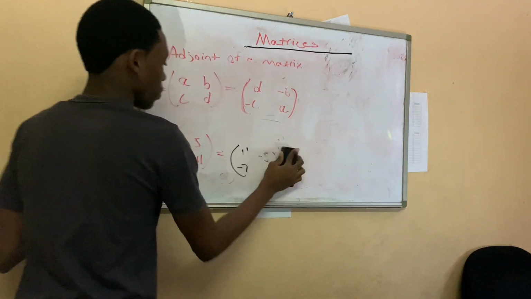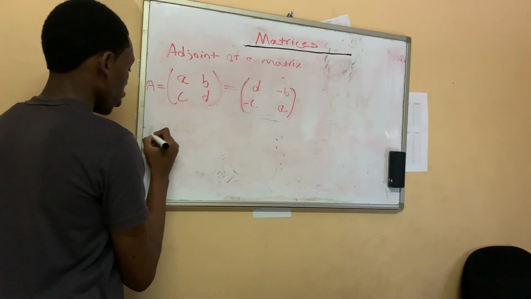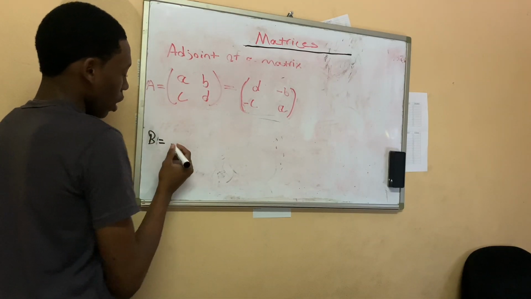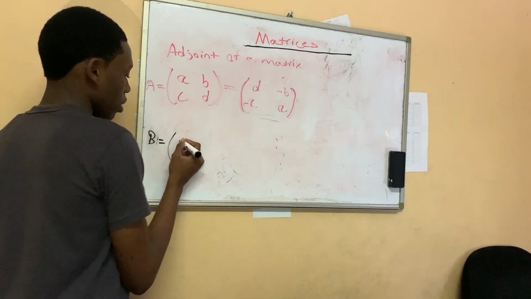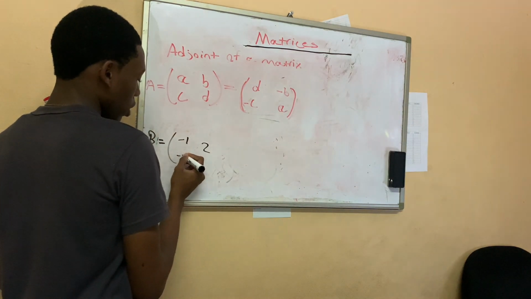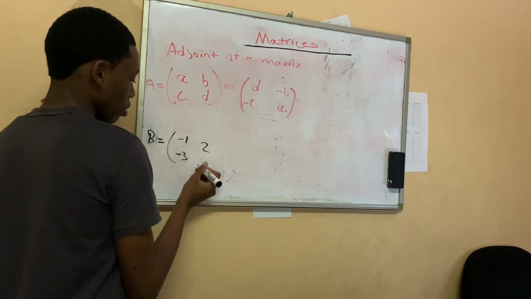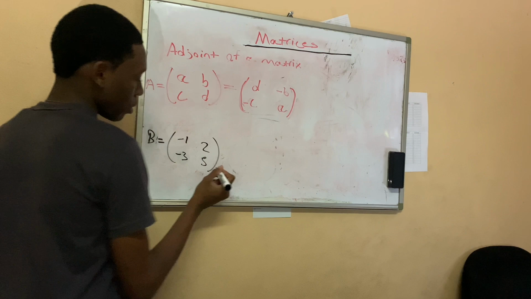Let's try another one. And this one you're going to try for yourself before I even work it out. So matrix B now, right? And matrix B is negative 1, 2, negative 3, and 5, right?